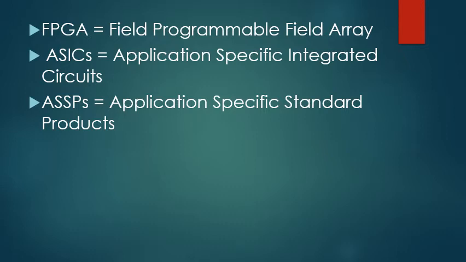ASICs usually are sold to a specific user, and ASSPs, while also having specific use, are sold to many users. Having stated this, we can see that the three of them are integrated circuits, with the main difference being that FPGAs are configurable, while ASICs and ASSPs are not.